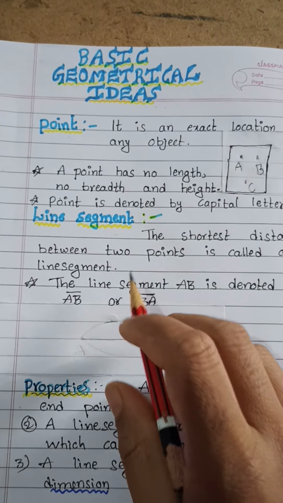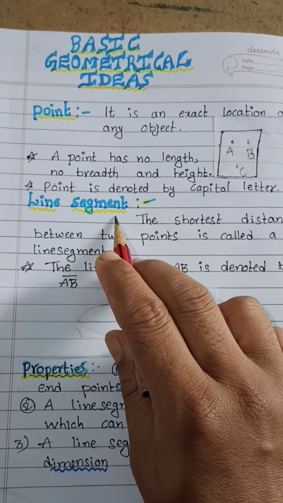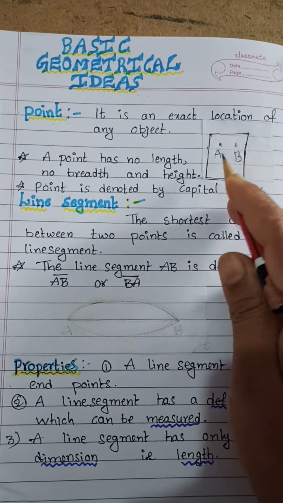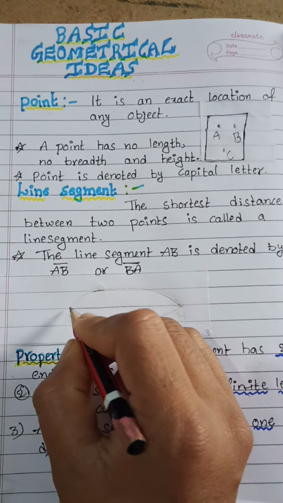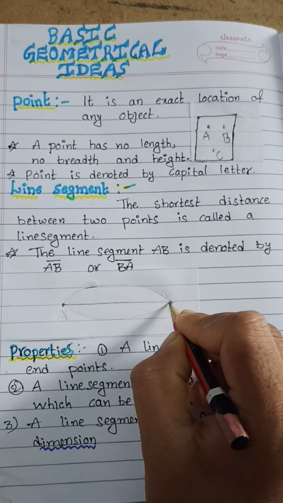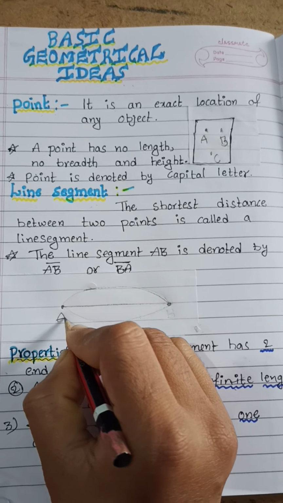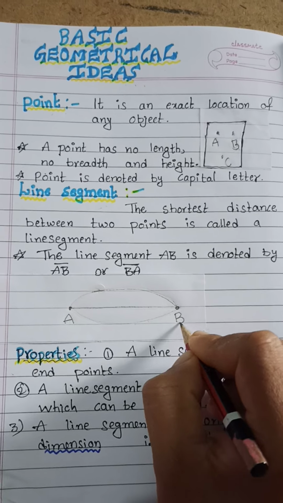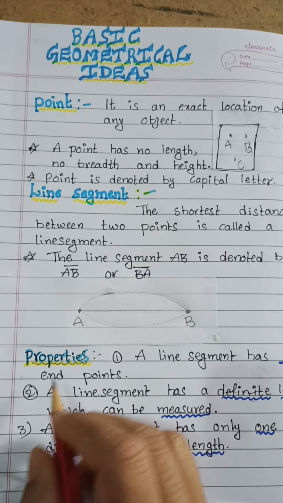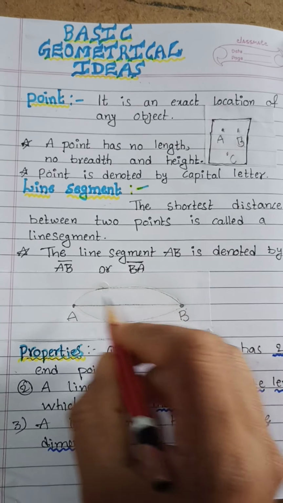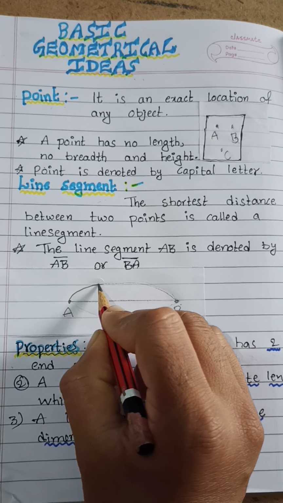Now let us learn about line segment. Already we have learned about points. Here I am taking 2 points, A and B. Point A, point B. Now I am trying to connect these 2 points by some lines.